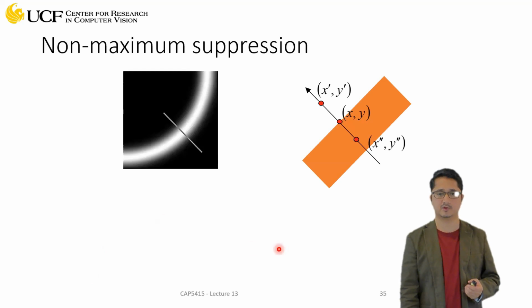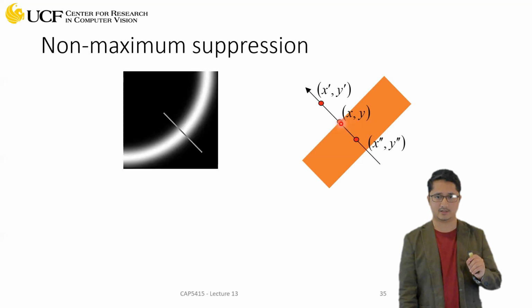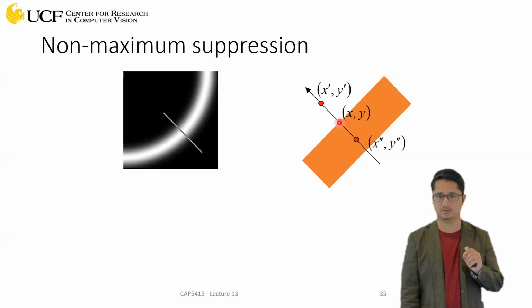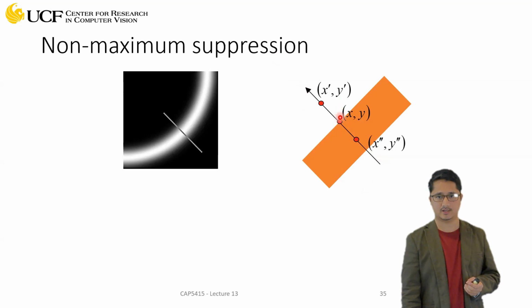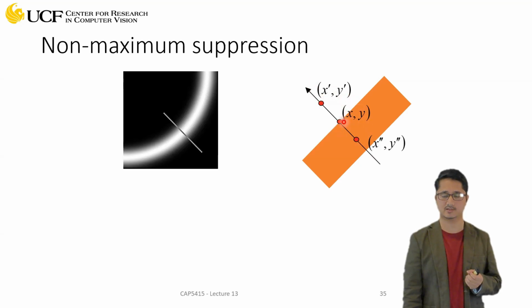So if you remember, from edge detection algorithms, what we were trying to do is at any given pixel location, we were looking at the neighboring pixels, right, in the direction of the orientation. And if the magnitude of this edge being detected is greater than the neighbors, we say that this is an edge.